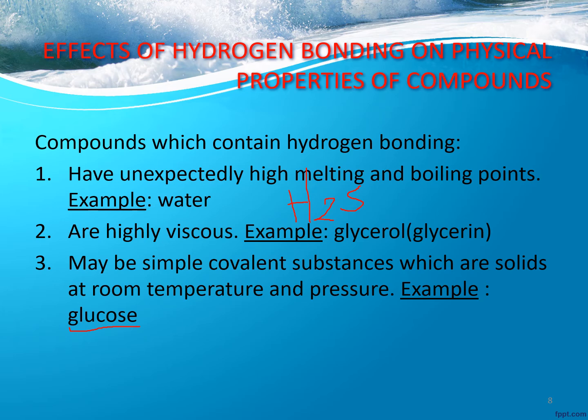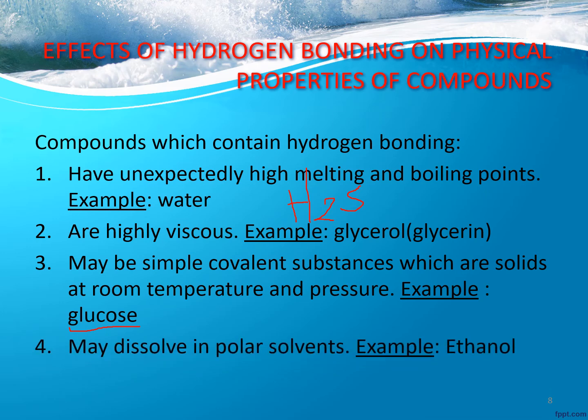It contains a big number of hydrogen bonds in its structure so that it becomes solid at room temperature and pressure. But it melts at a very low temperature, showing that even if we have strong intermolecular forces, they are not as strong as intramolecular forces, and that is the reason why even if it is a solid at room temperature, it melts at a low temperature.